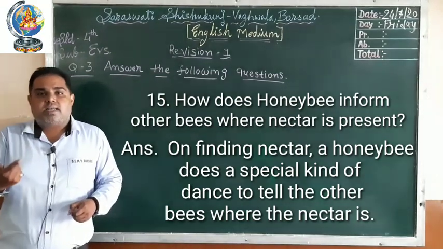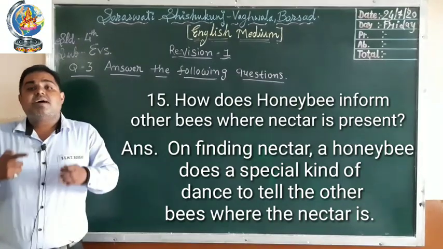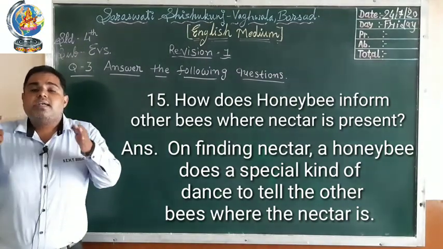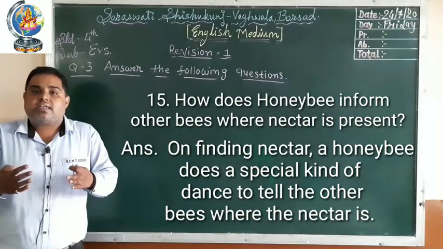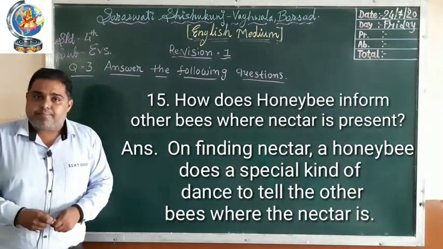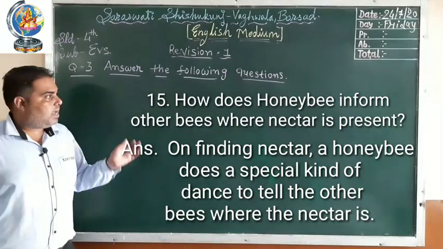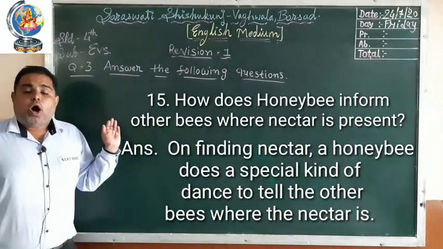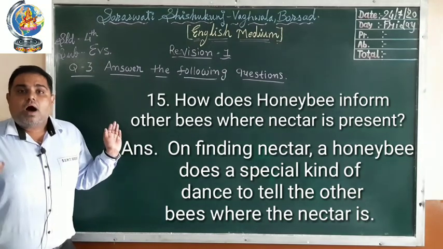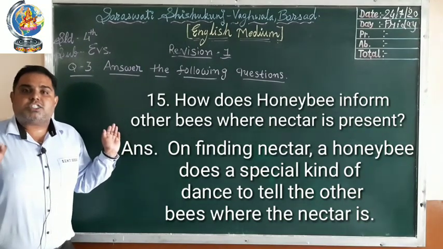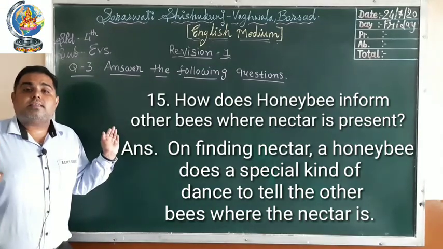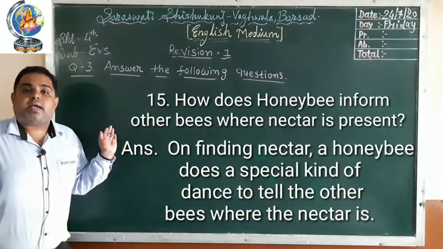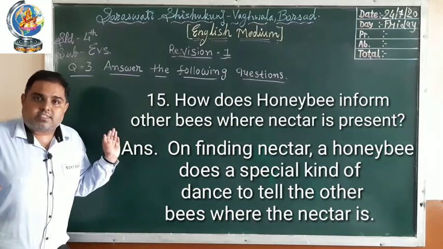So when one honeybee finds nectar, it does a special kind of dance to inform other honeybees that there is nectar present there. Let us look at the answer again: on finding nectar, a honeybee does a special kind of dance to tell the other bees where the nectar is.